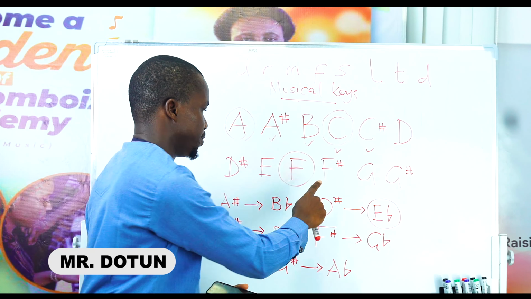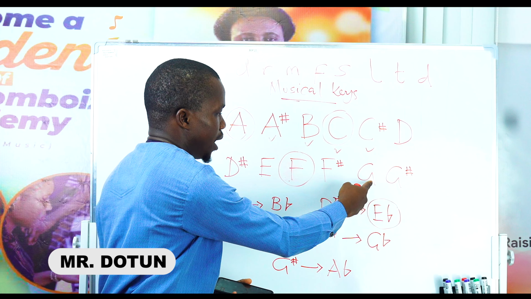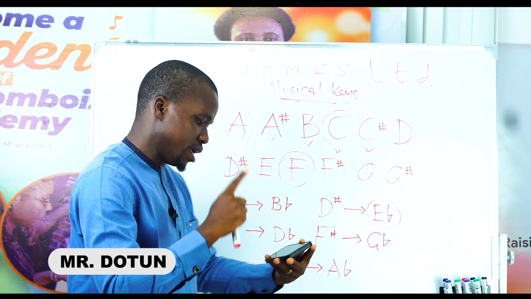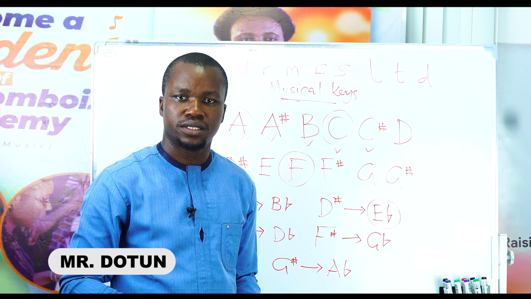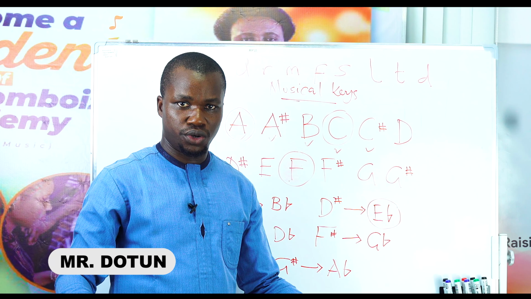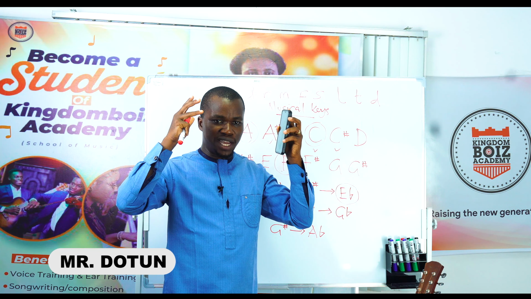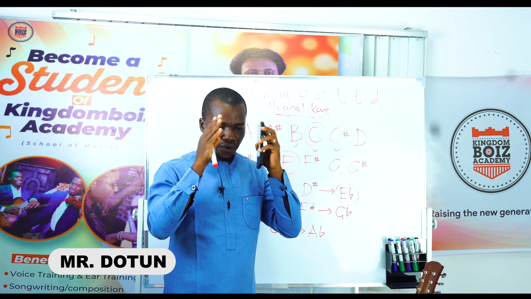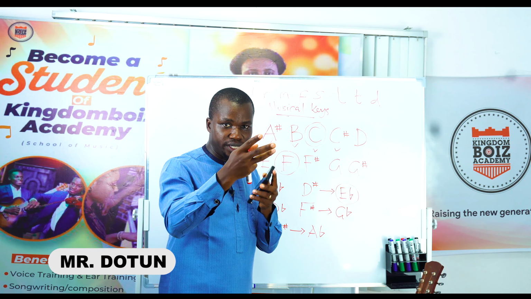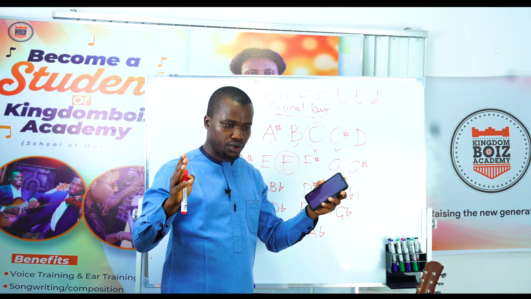Let me choose another key, for example, F sharp, or another name for F sharp is G flat. Now, F sharp sounds like this. Do. Connect your mind, connect your voice, focus on that key, pitch it correctly. Do.